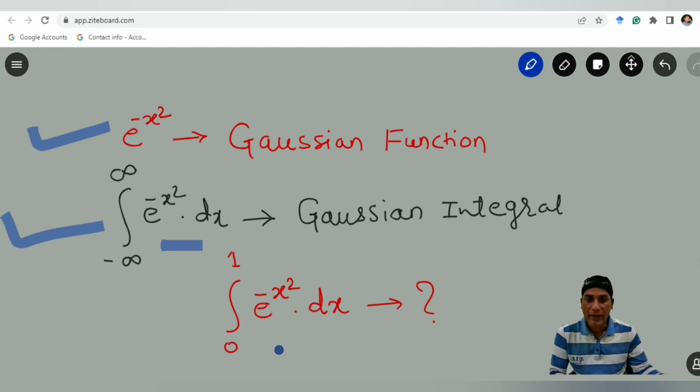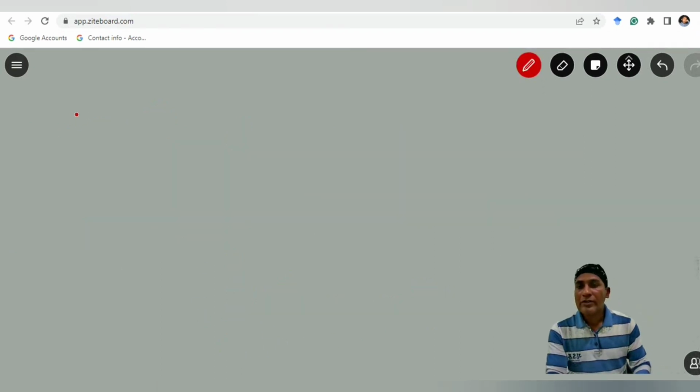However, I must say that there are some methods available to approximate this integral, but they are very complex and again they have less accuracy. So in this video, you will see an easy and more accurate method of approximating the integral of the Gaussian function from 0 to 1.